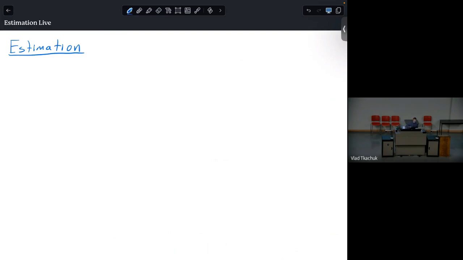Okay. Roughly speaking, what is this optimization business or estimation business? Oh, let me just make sure I open the right notes here as well.